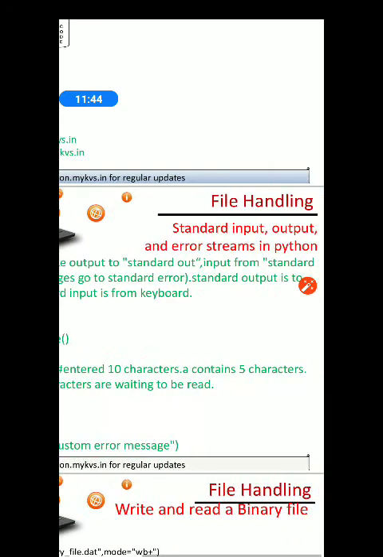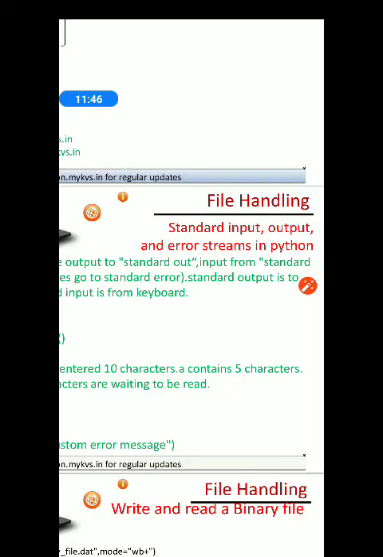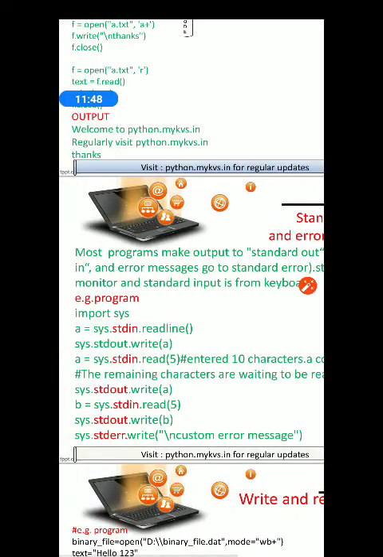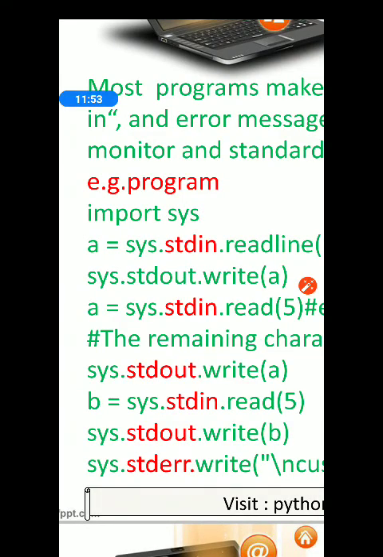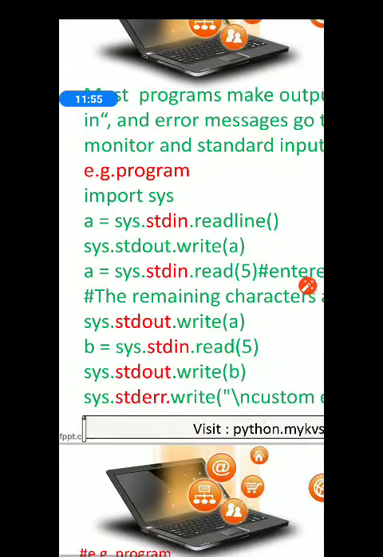So we'll see how to implement the standard input, output and error streams in Python. For this, you have to import the sys module, and the keywords are sys.stdin.readline. What it will do is read the lines from the keyboard.